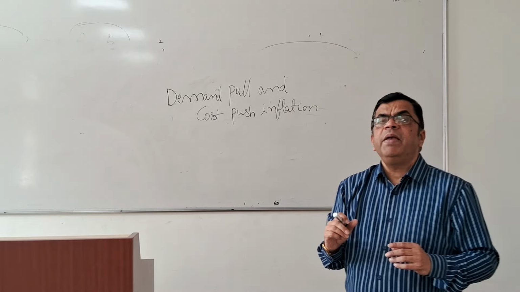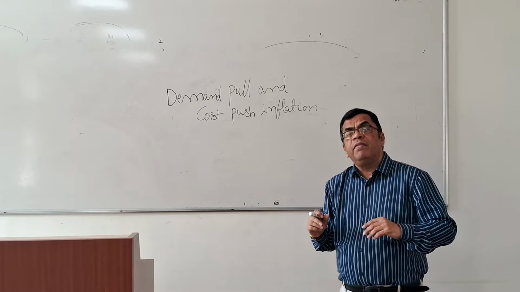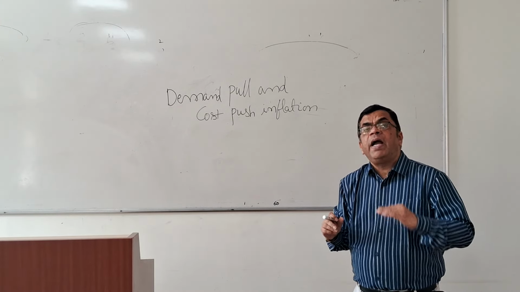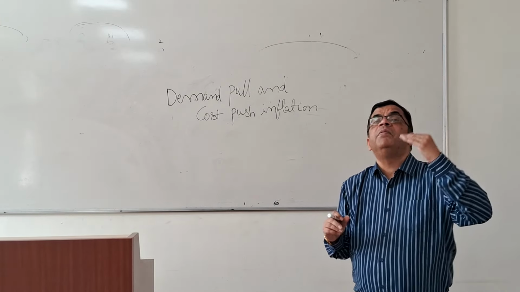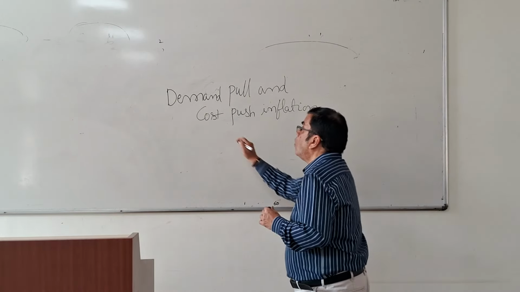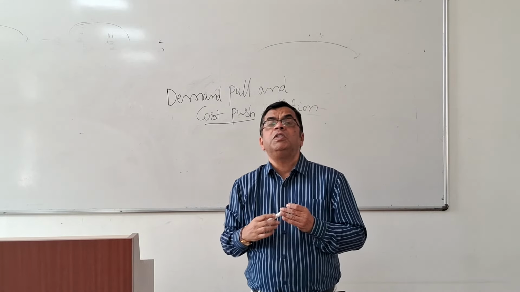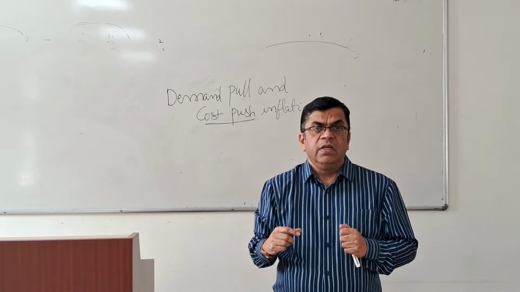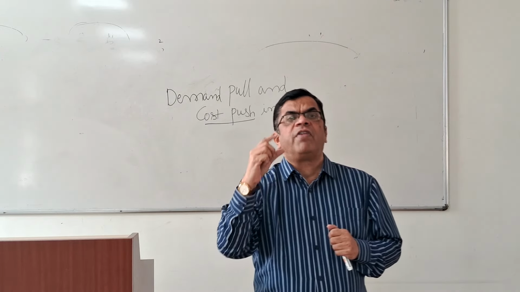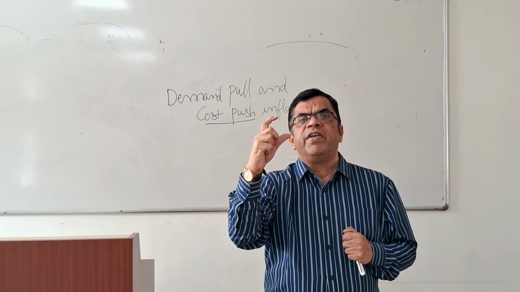However, sometimes it may so happen aggregate demand may not rise, but still inflation might go up. There might be rise in prices. This may happen due to cost push factors. What do I mean by cost push factors? Say certain input cost rises like raw materials. Labor may demand higher wages.